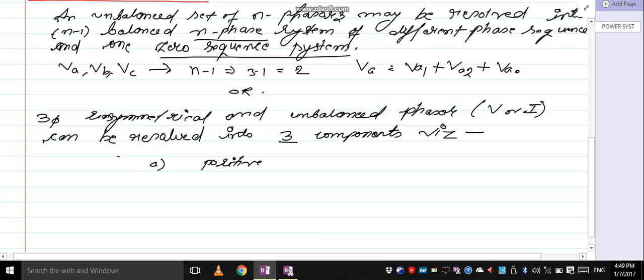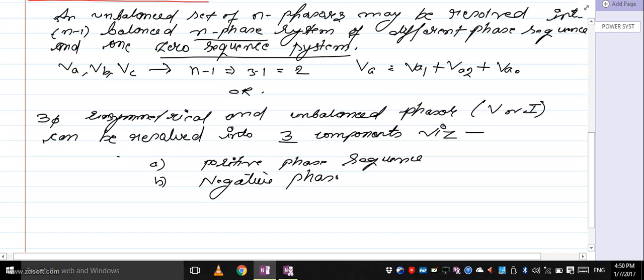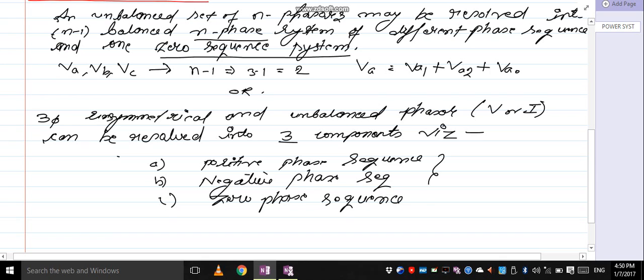First with positive phase sequence, second is negative phase sequence, and third is zero phase sequence. So it can be resolved into these three components.